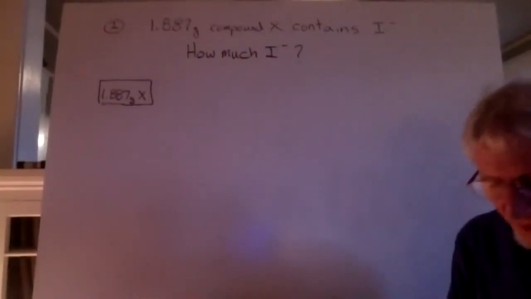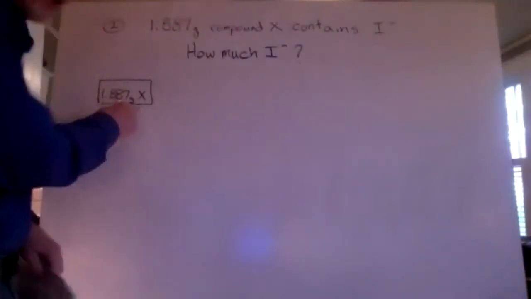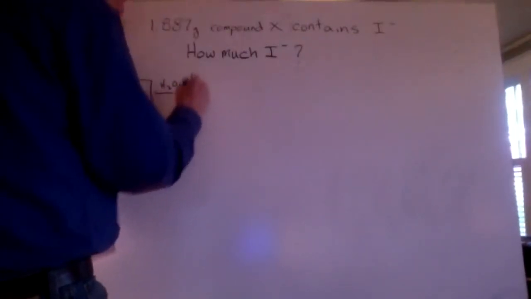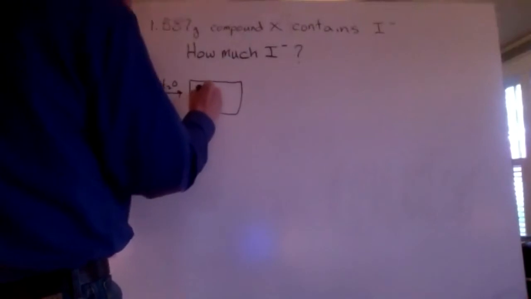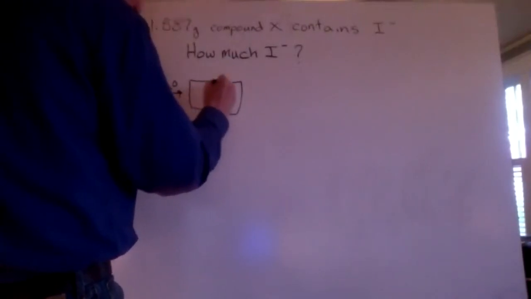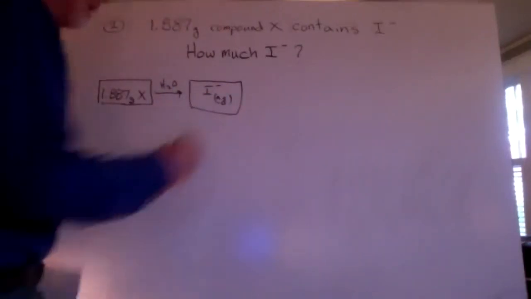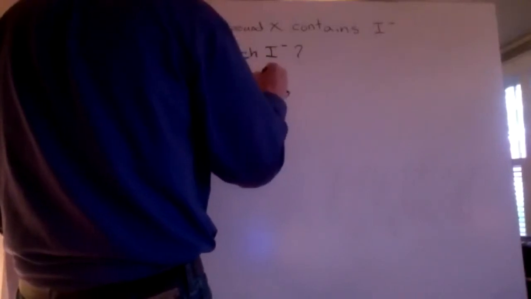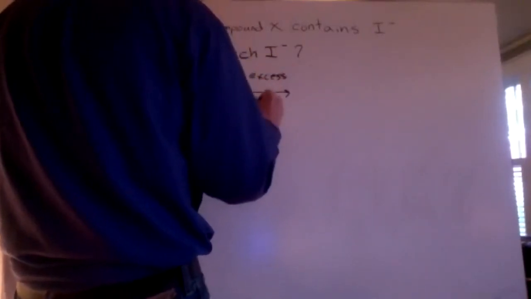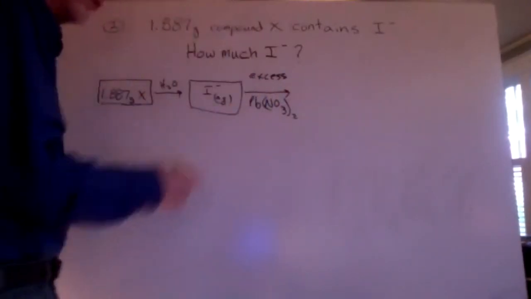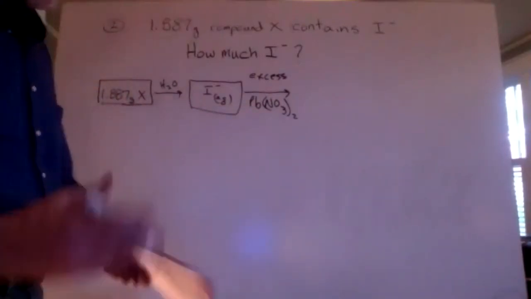So I'm going to use a block diagram here to illustrate what's happening. We take our 1.88 grams of compound X, and we're going to add water, H2O, and that means we'll have an aqueous solution of the iodide ion that was part of compound X. And then we're going to add excess of the lead nitrate compound, because as we saw before, lead nitrate will produce lead plus 2 ions.